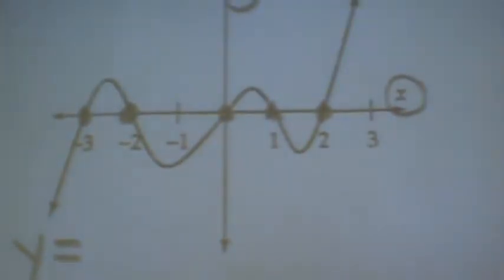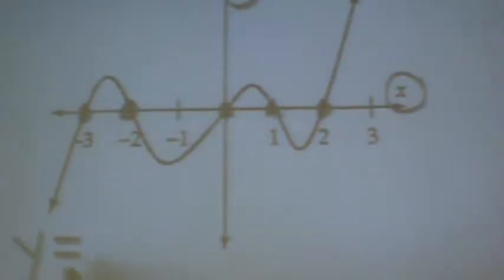How would you write this in factored form? You're gonna write y equals, and you could write f of x, because it's a function. So either y or f of x. Now, in order, can you tell me how to write this?